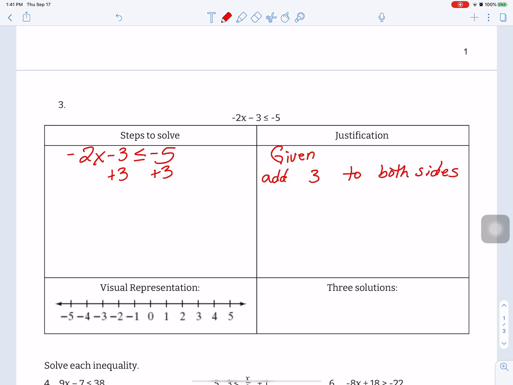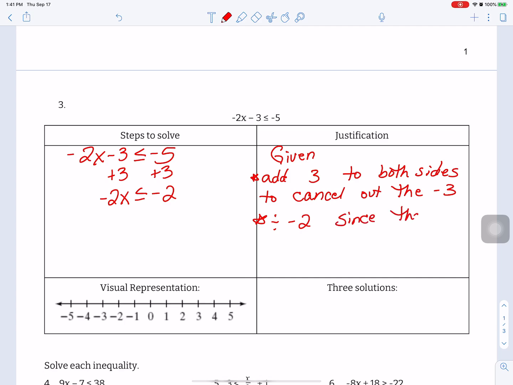And our reasoning is to cancel out the negative 3. Because that's now going to make it equals to 0. And then I'm going to put a little dot here just to separate them. Divide by negative 2, since that's the coefficient of x.